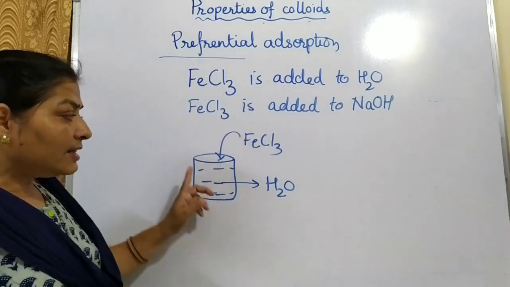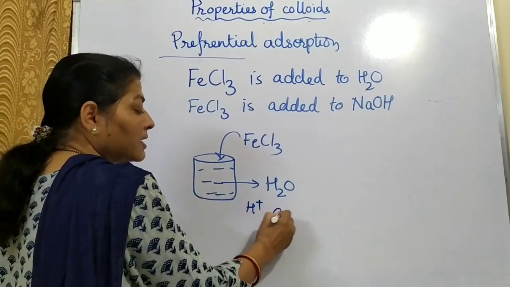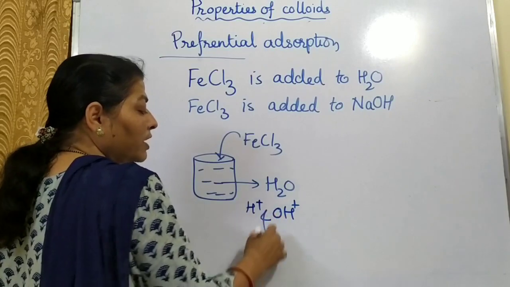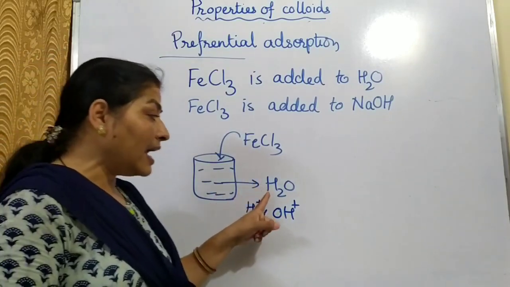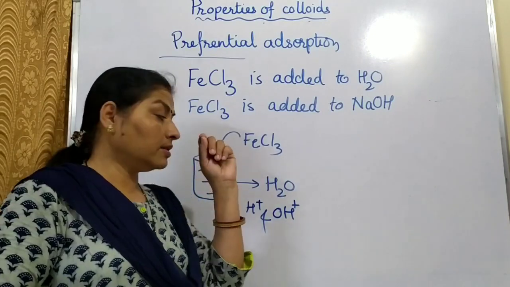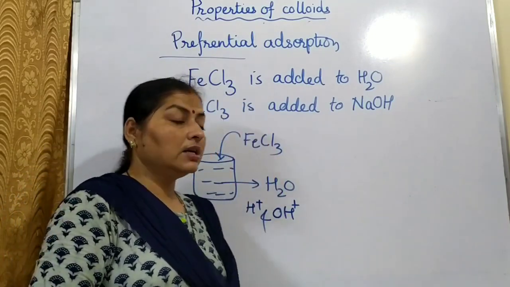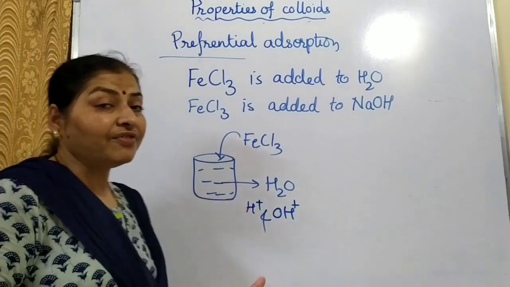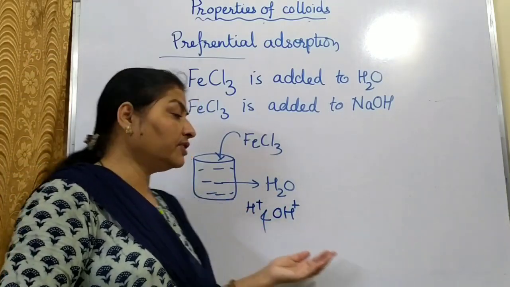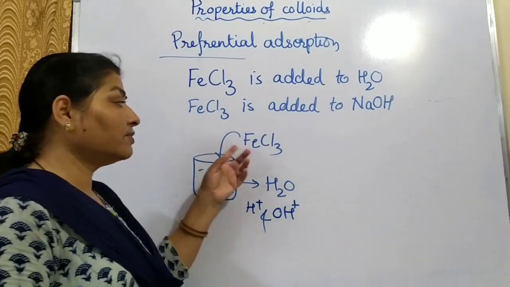Now if FeCl3 is added into water, water contains H plus and OH minus ions, but as you know, water is very weak, and the number of H plus and OH minus ions is very small, so they are not sufficient; water itself is not sufficient to get any kind of ions adsorbed on the surface of the salt.